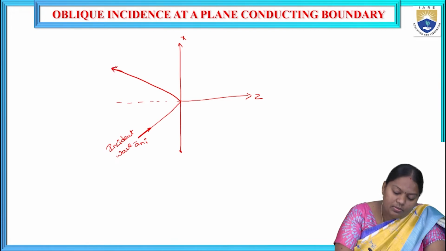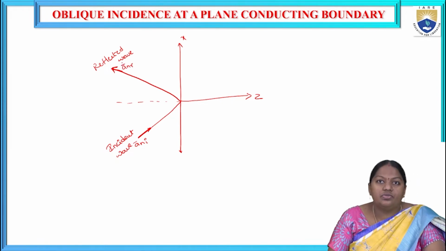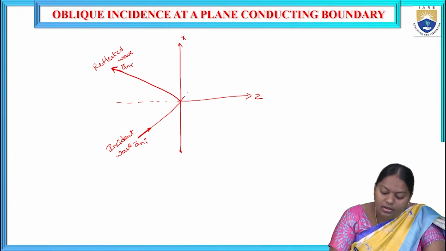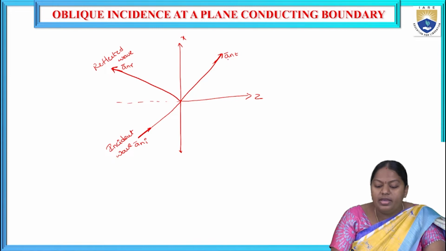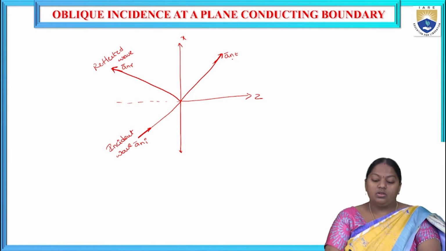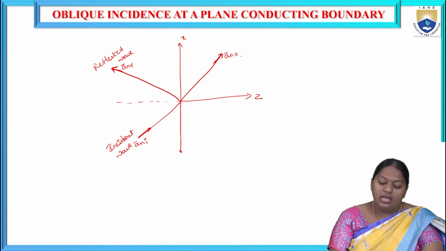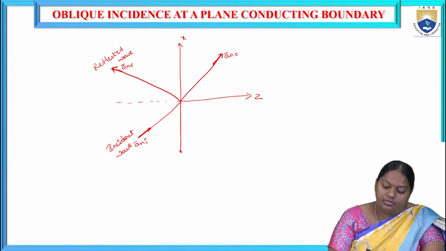Part of it is reflected back to the same medium, and that wave is the reflected wave, right? Its direction is considered as aNR, where R stands for reflected wave. Part of it is transmitted to the next medium and is represented with aNT. Small a is the notation for a unit vector, N means normal, and T is for transmitted. This is the transmitted wave.